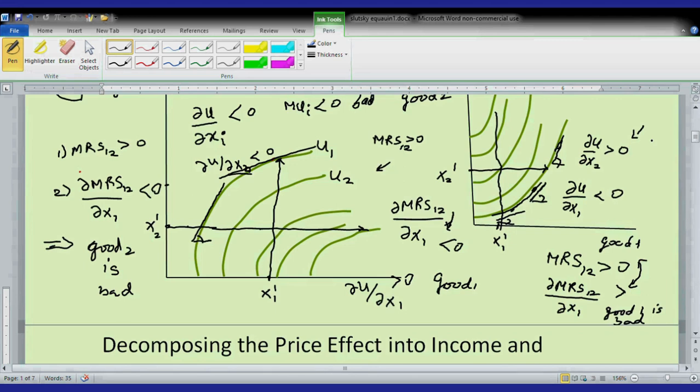This means that any change in the consumption of the good of which the price has changed is partly because of the loss in purchasing power, and partly because the household realizes that the relative expensiveness of the substitute good has decreased, or the relative cheapness of the substitute good has increased.